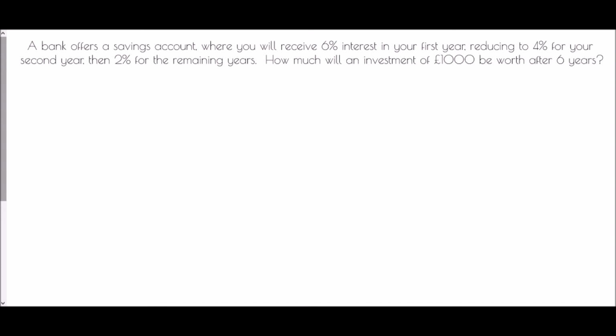So this one is slightly different in that we have, in each case, something different happening in each year. So what we want to do is this time break it down into different sections. So at the end of year 1, I'm going to receive 6% interest. And so my investment of £1,000 is going to be increased by 6%.